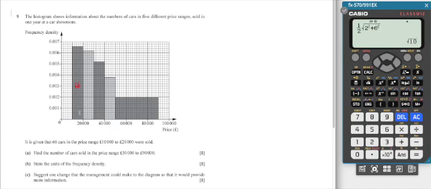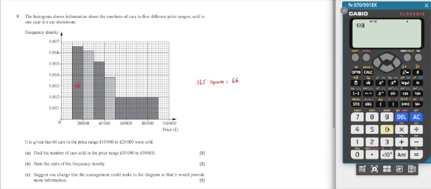Let's see, I like doing this with squares. I'm not going to worry about frequency density. So how many squares have we got? 25, 50, 75, 100, 125, 150, 165. So 165 squares is equal to 66. That's not very nice. Let's see what happens if I find out what 1 square is.